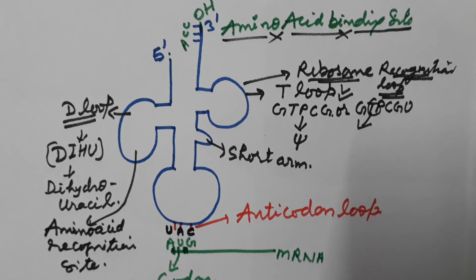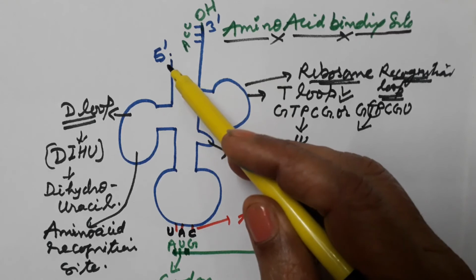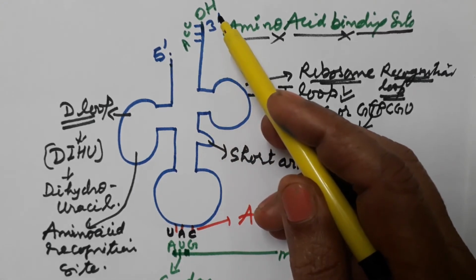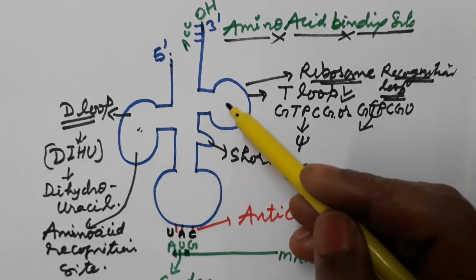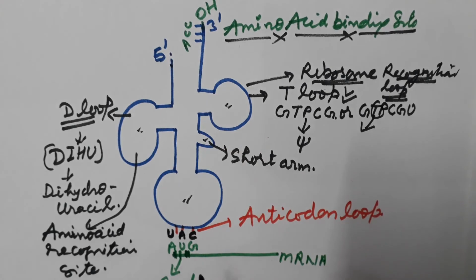So this is the structure of transfer RNA which is known as the clover leaf model. It is single stranded and has 2 ends, one is the 5' end and the other is the 3' end. It consists of 3 arms and a short arm as a projection which is considered vestigial.